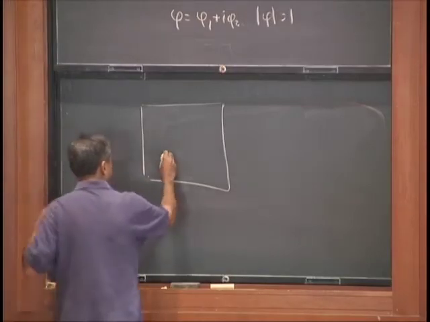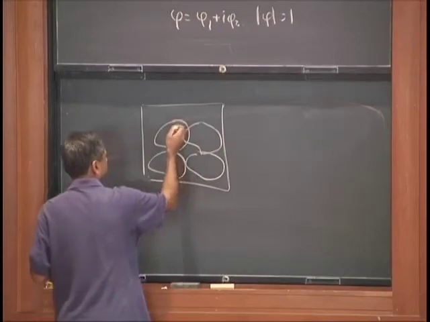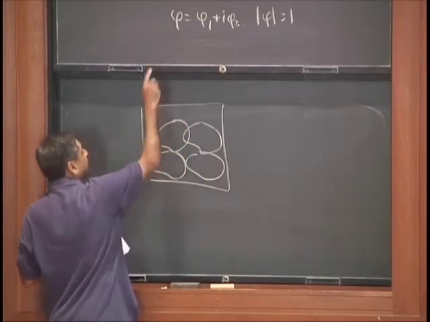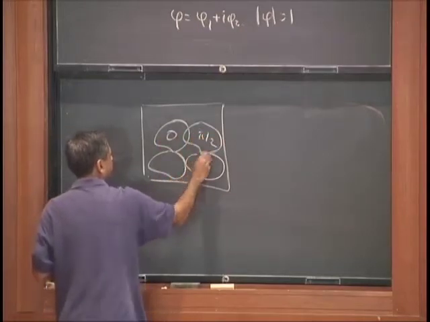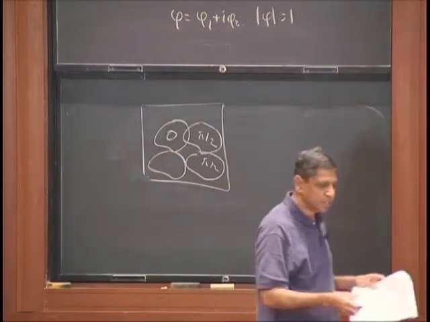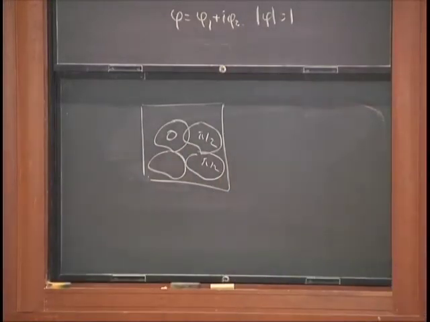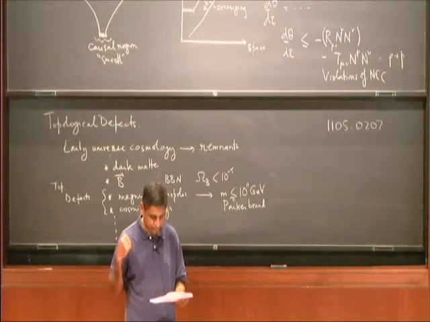So you have domains of different vacua. For example, the angle on the circle can be 0 here, can be pi by 2 there, etc. The system has to decide locally: here I am going to go into this vacuum, over there I'm going to go into that vacuum. And the two are not talking to each other beyond a certain distance, and that is why you get funny effects, which we will discuss.